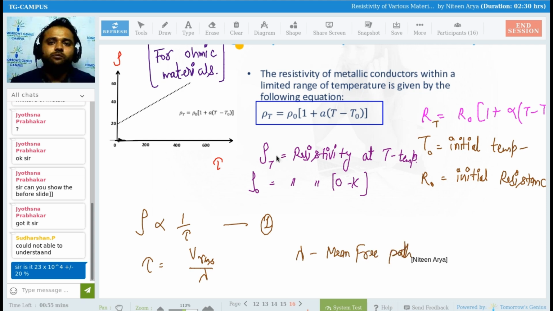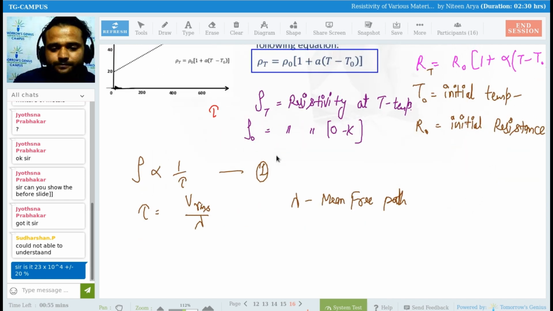Now what is it? The mean free path between two successive collisions. In the same way, tau is the time duration between two successive collisions of ions or charged particles, or electrons in general. So lambda and Vrms depend on temperature.